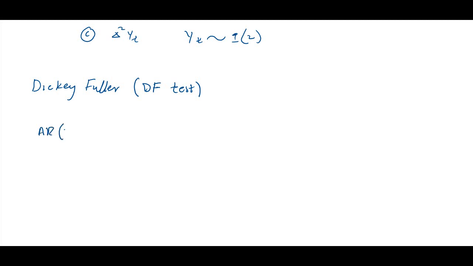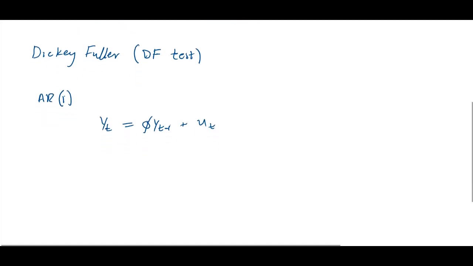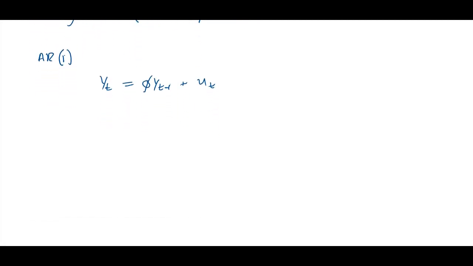We can write the AR1 process as yt equals theta yt minus 1 plus ut, where ut is the error term in this model. What we need to examine here is, if the value of theta equals 1, then what happens? We have a unit root.